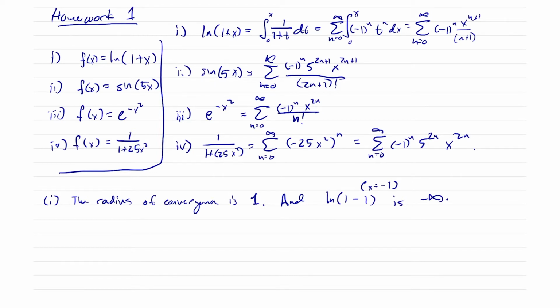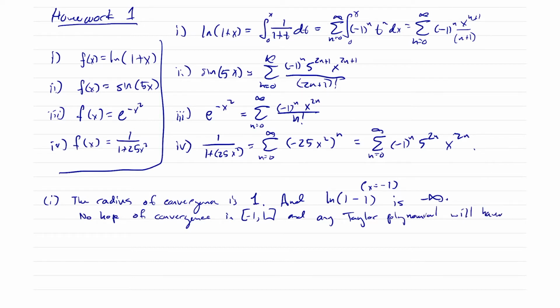Right, so there's no hope of convergence at negative 1, and any Taylor polynomial will have infinite error at x equals negative 1.